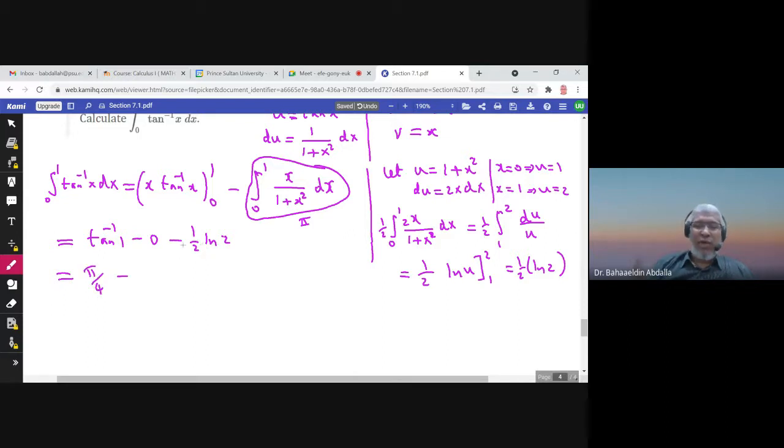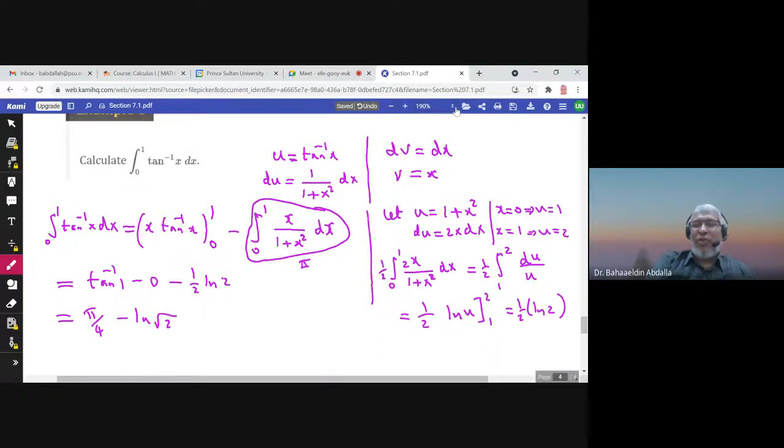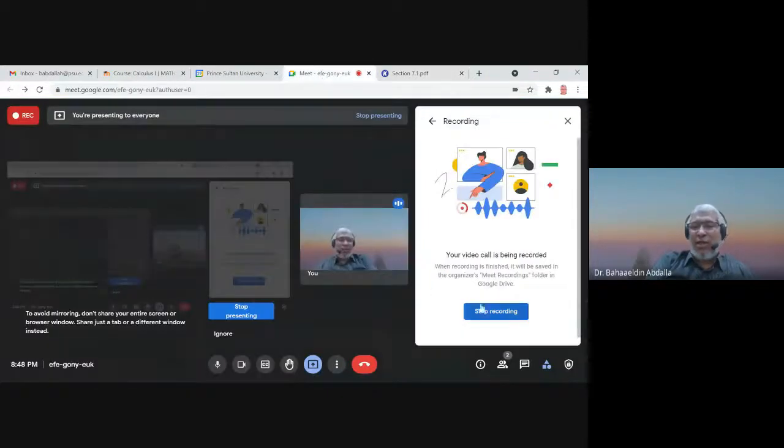And if you want, you can take the half up as a power of 2, because this is a property of the logarithmic function. You can write it as 2 to the power half, or just square root of 2. So this is the final answer. Enjoy integration by parts and study hard.